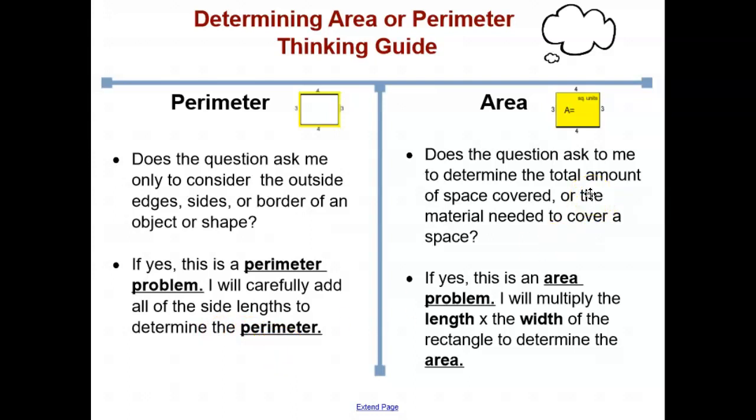But if the question asks you to determine the total amount of space covered or the material needed to cover a space, it's an area problem. And you know to solve area, you multiply the length times the width. So have this out because this is going to be very handy in helping you identify the problem type today. I know I have mine out.